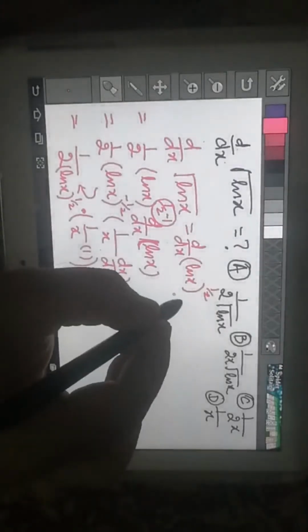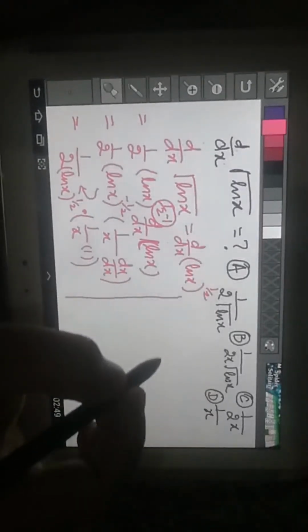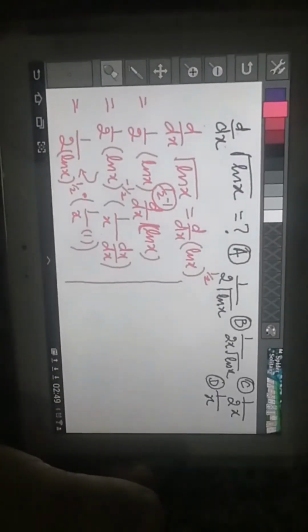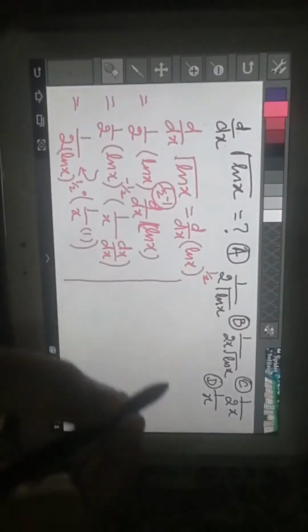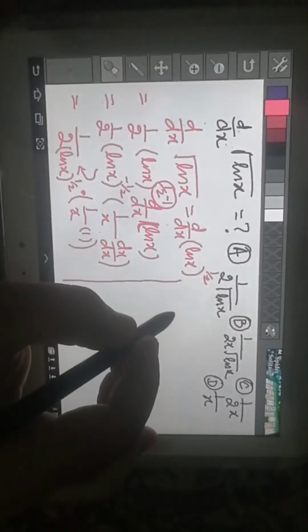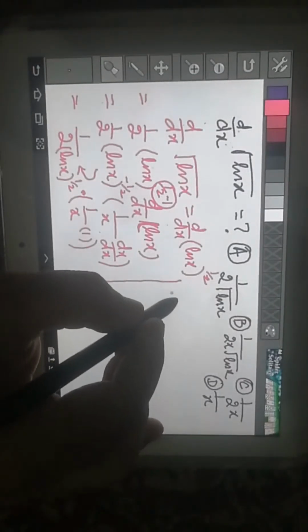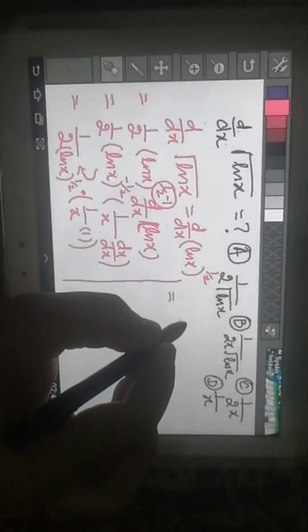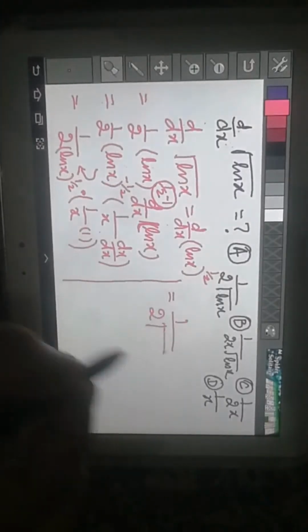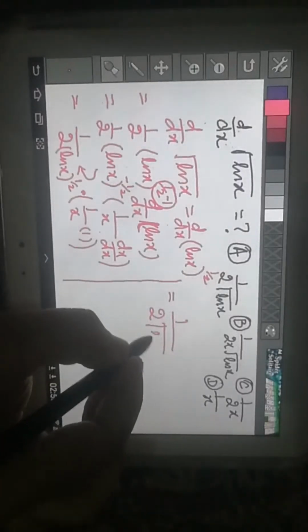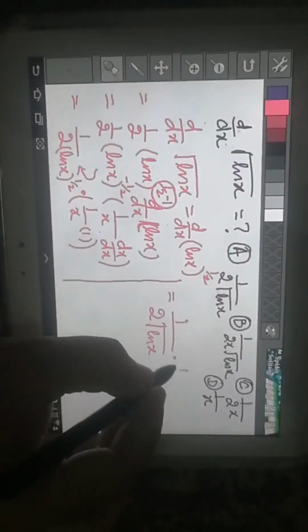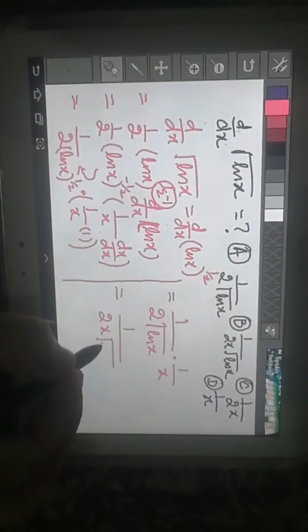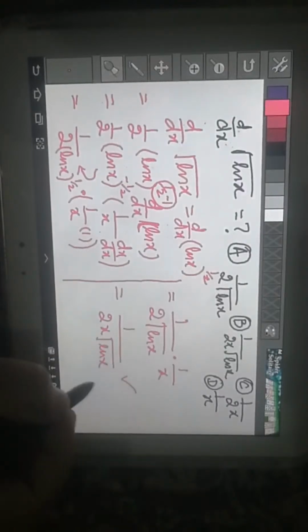Obviously, in a multiplication operation, one doesn't contribute, it just vanishes. 1 by 2, and we can write natural log of x under the root, right? So 1 by x is also here, so together it can be written as 1 by 2x square root natural log of x. So this is the correct option.